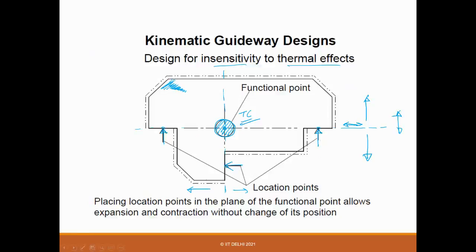And this dotted line is just showing that if there is any thermal expansion, they will expand like this. But you can think about this point will not move. So placing location points in the plane of the functional point allows expansion and contraction without changing its position. And that's called the thermal center.